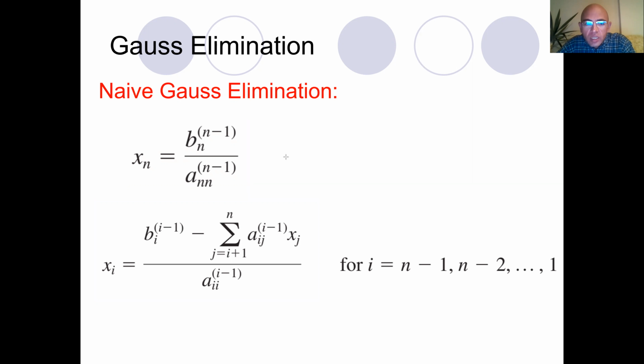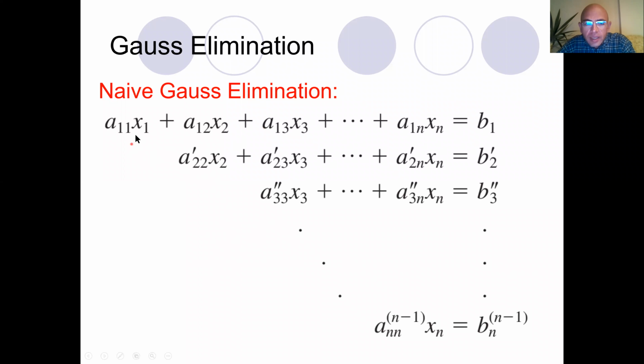Once more, let me repeat it. So first I eliminate the x1. What I do is I divide the first equation with a11, then multiply it with the a21 and subtract it from the second equation. This eliminates the first term from the second equation.